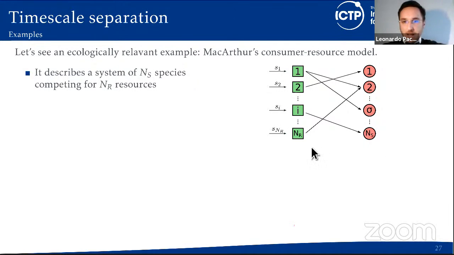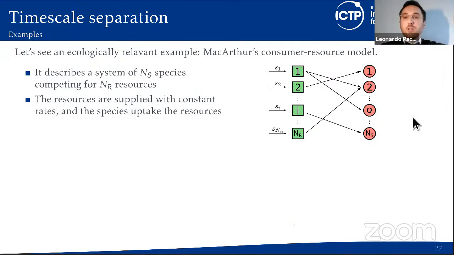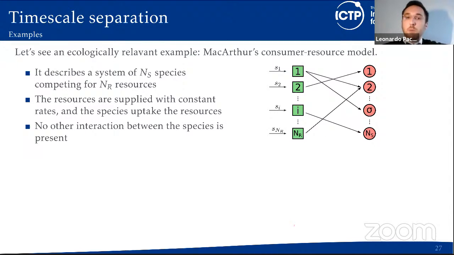We have a set of resources, we have a set of species. We assume for now, it's not mandatory, but for simplicity, that the resources are supplied with constant rates. So this S_i here are the supply rates of the resources, and these species can only uptake these resources. So we are not modeling any other kind of interaction between the species.